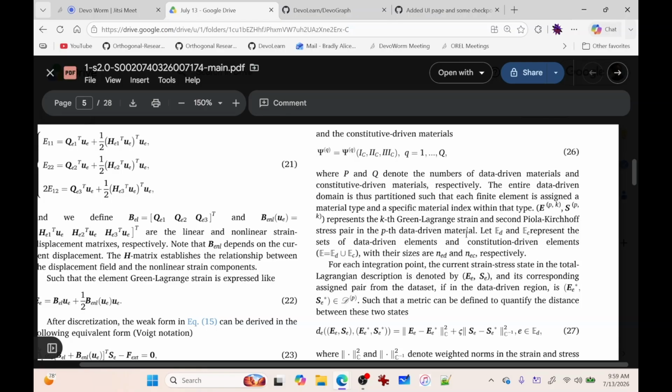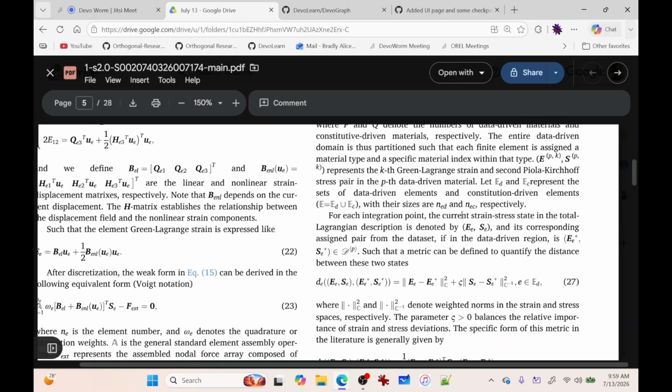EPK and SPK represent the kth Green-Lagrange strain and second Piola-Kirchhoff stress pair in the Pth data-driven material. All right, so then let ED and EC represent the sets of data-driven elements and constitutive-driven elements, respectively, with their sizes NED and NEC, respectively. So you're finding the union of these two.